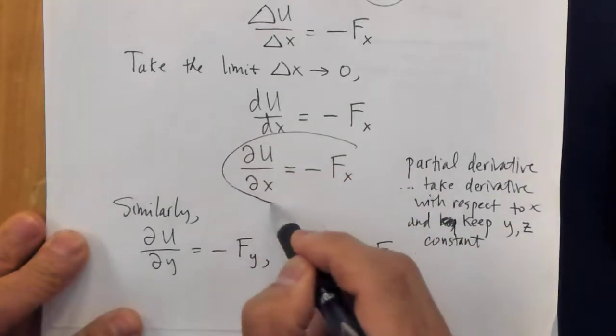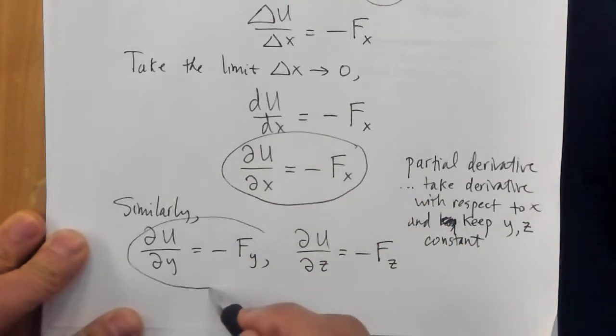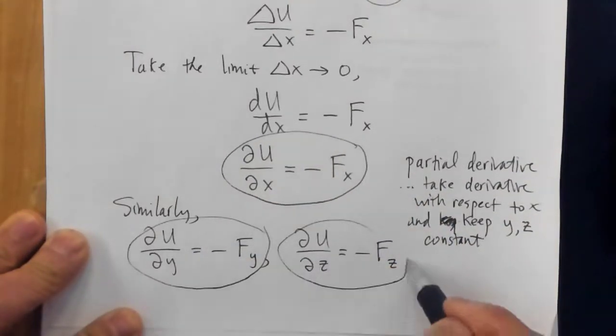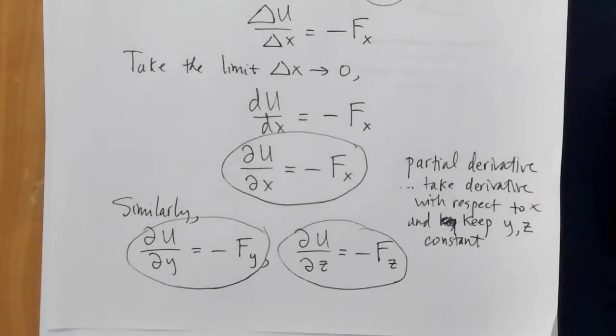So what it's saying is that the derivative of the potential in a given direction is the negative of the component of the force. Any questions about that? I know that's a little abstract. It's just the formula that connects the force with the potential.